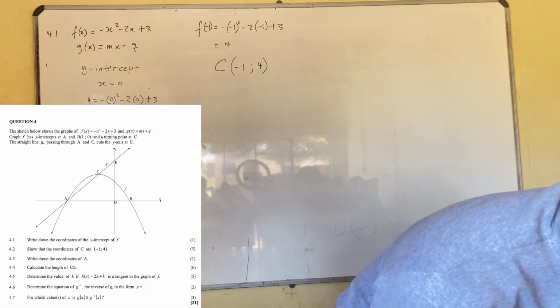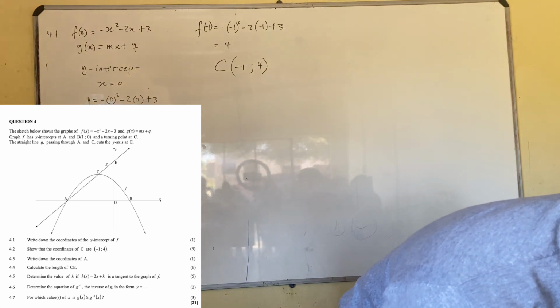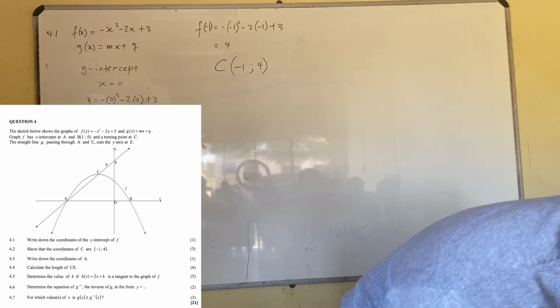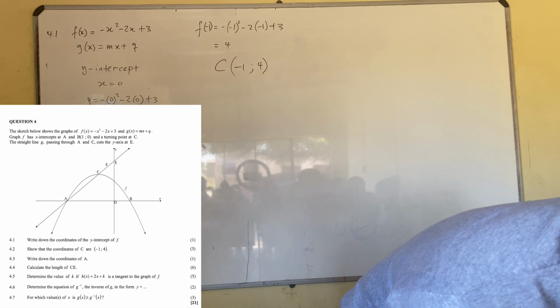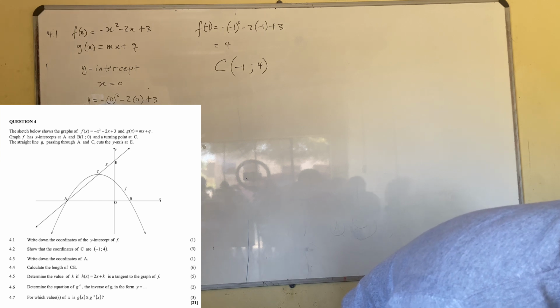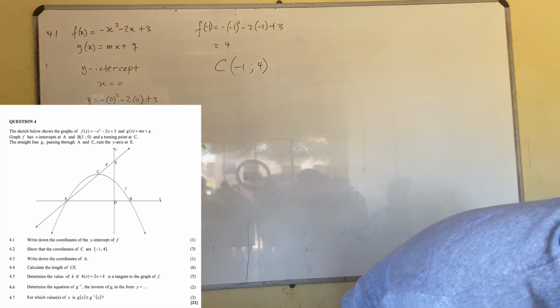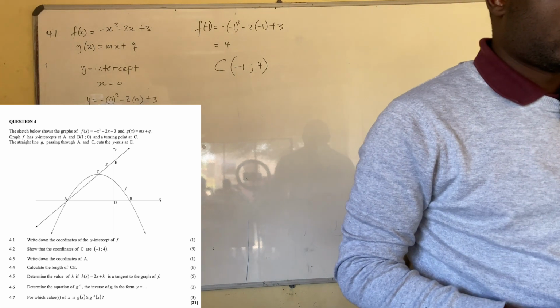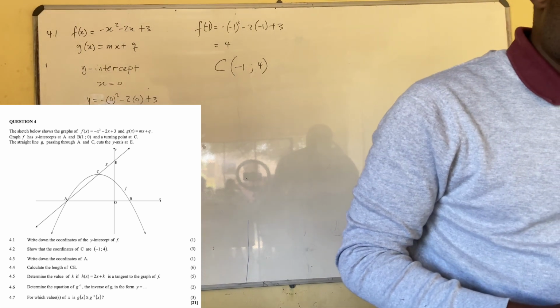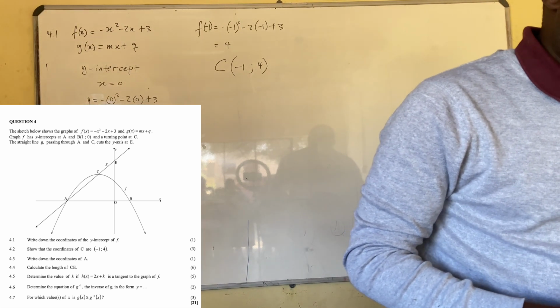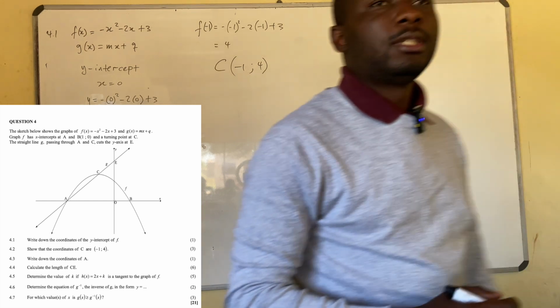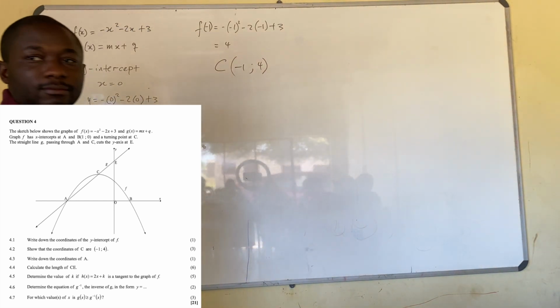And then the next, 4.3, write down the coordinates of A. We know what A is, right? It's one of the x-intercepts of F. So how do we find the coordinates of A?